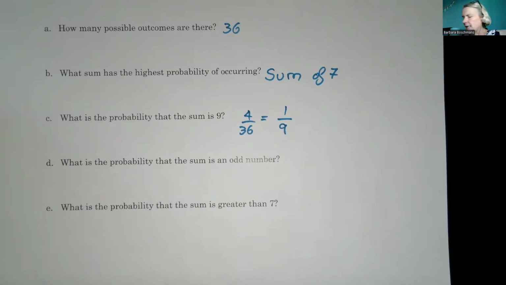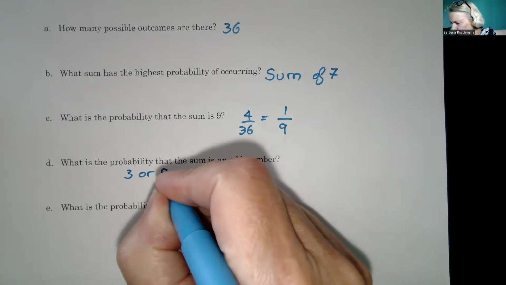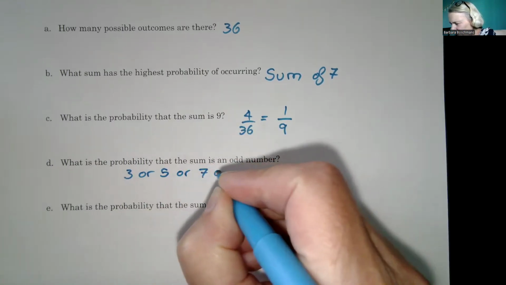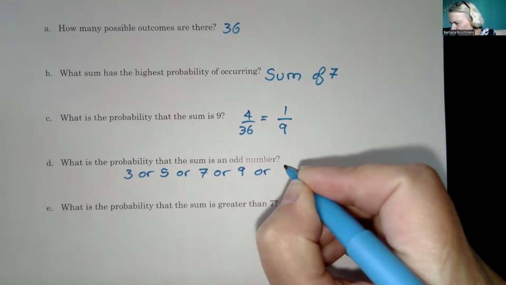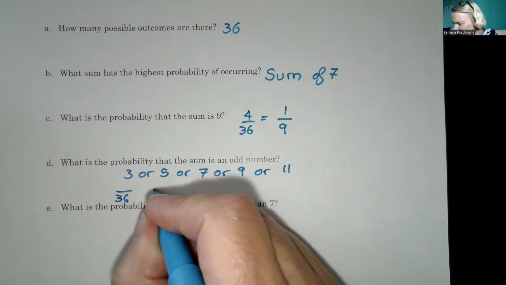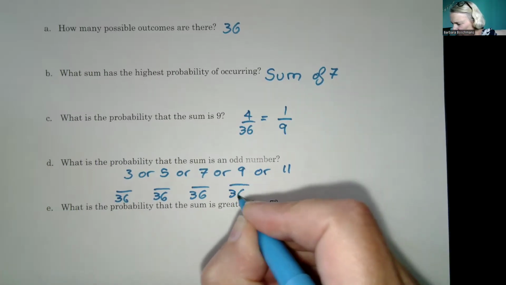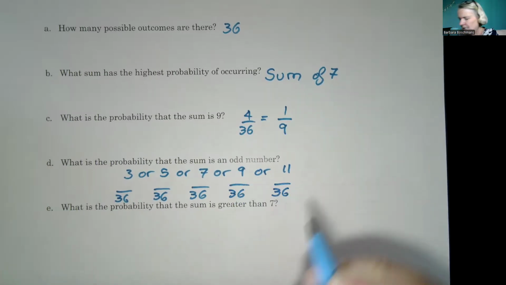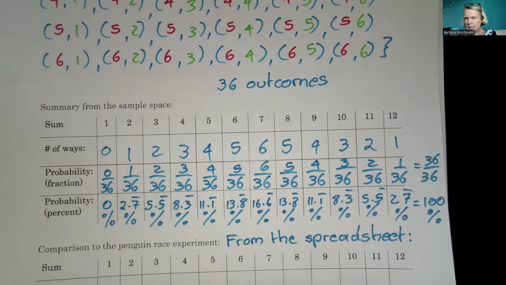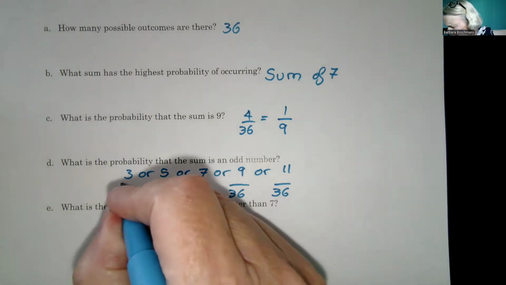Well, we can't get a sum of 1, so the smallest odd number we can have is a 3 or a 5. Or a 7, or a 9, or an 11. So I'm going to look in my table and figure out the theoretical probability of rolling these different sums. So again, I'm using the table on the previous page to find these fractions. A 3 is 2 out of 36.